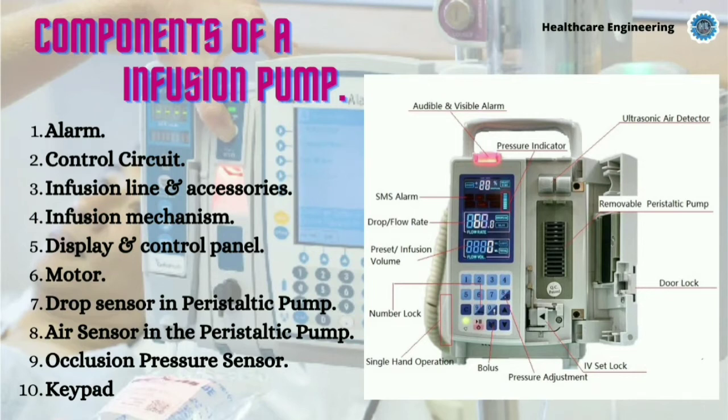It's about the main components of infusion pump. First part is alarms. The alarms indicate adverse situations, for example, air bubbles or system occlusion, free flow, end of the infusion, low batteries, amongst others. Second component is control circuit.